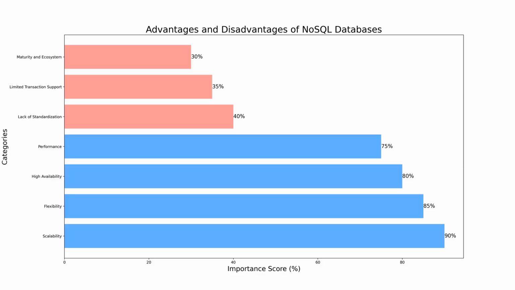Now, the percentage labels at the end of each bar quantify these gaps, and they support the conclusion that, for use cases prioritizing scalability and flexible schemas, the advantages numerically outweigh the disadvantages. However, if you're working on applications that require strong transactions or standardized tooling, you'll definitely want to weigh those lower-scored categories carefully before diving in.